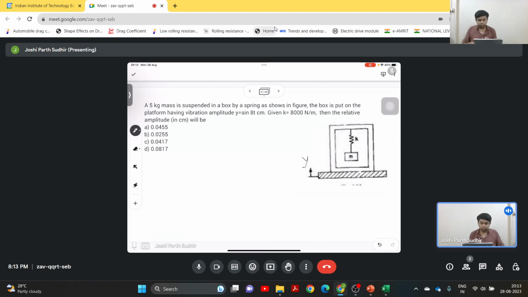So the vibration of this platform is y of t, which is sine 8t. K is given to be 8000 Newton per meter, and the mass is given to be 5 kg.